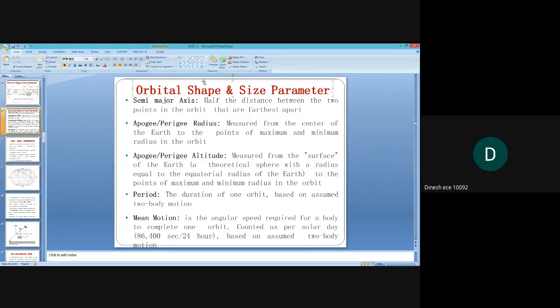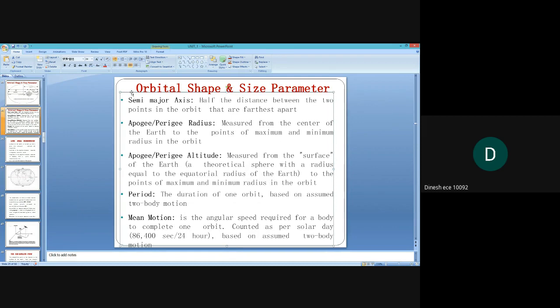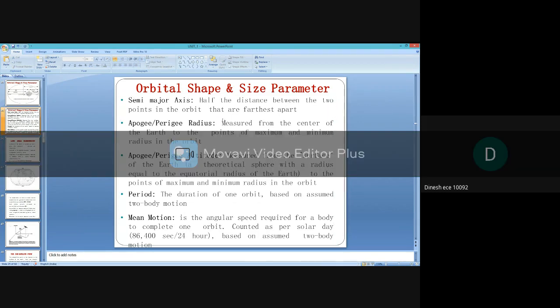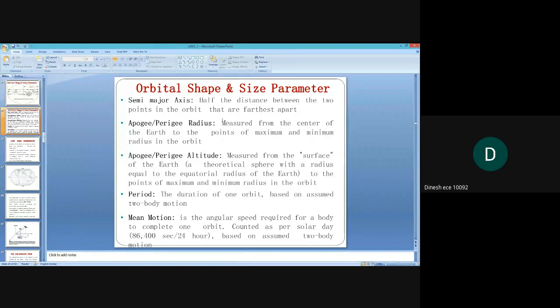So some of the parameters. The semi-major axis. These are the parameters: semi-major axis, apogee or perigee radius, apogee or perigee altitude, period, mean motion.